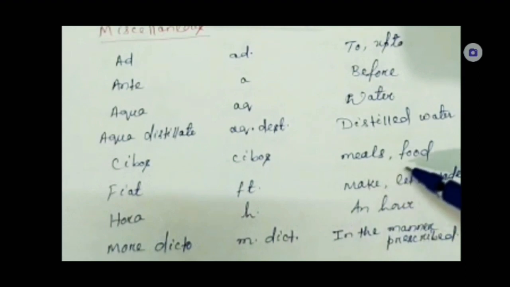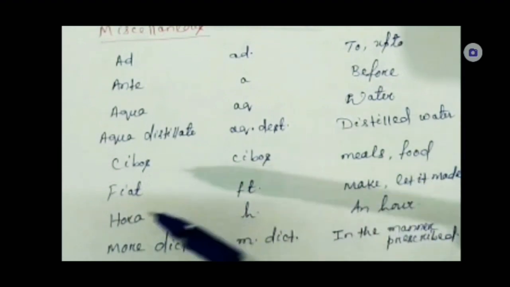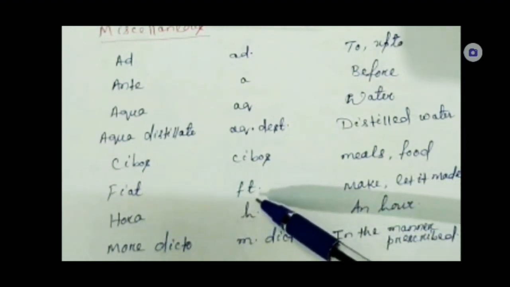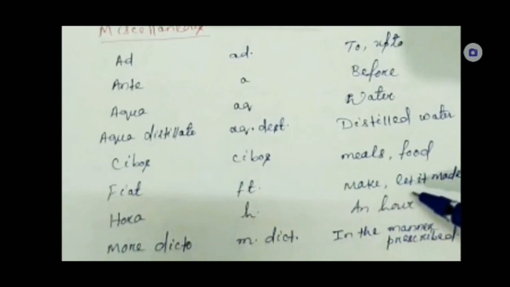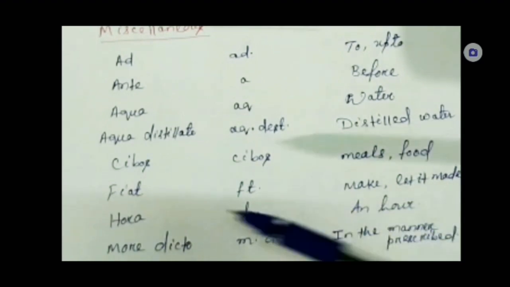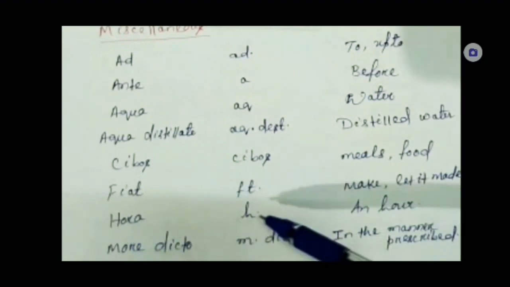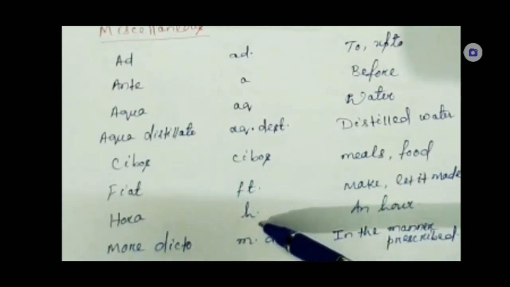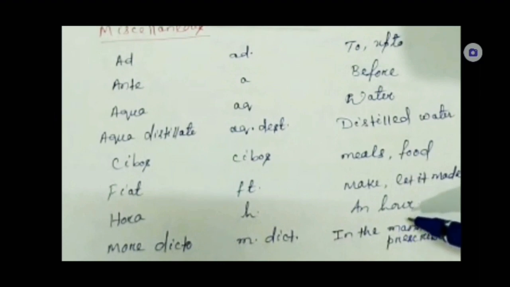Cibos, its meaning is meals or food. Fiat, the abbreviation, its meaning is make or let it be made. Hora, abbreviated H, means an hour. Likewise, more dicto, M dict, its meaning is in the manner prescribed.